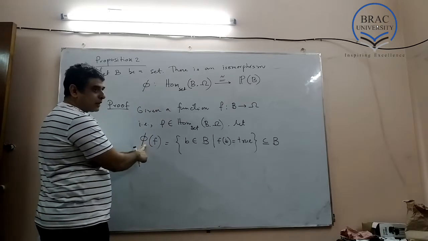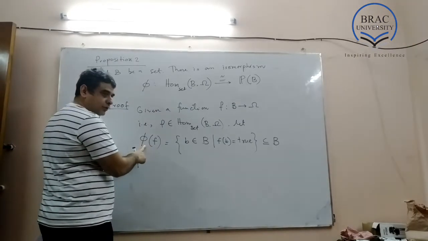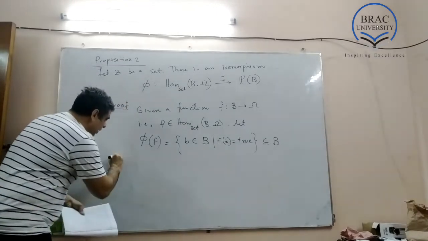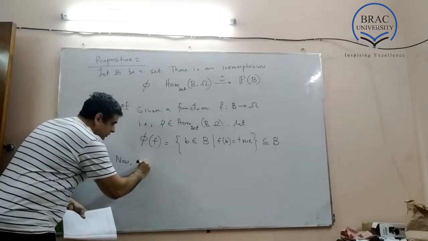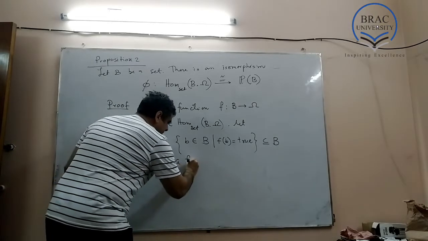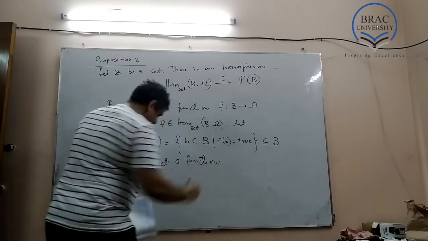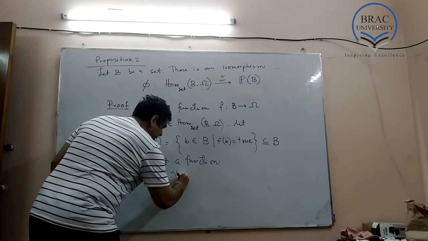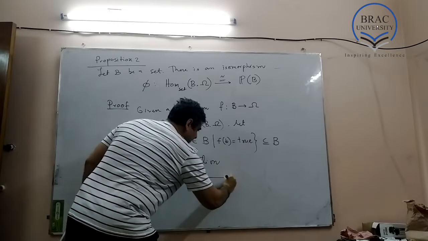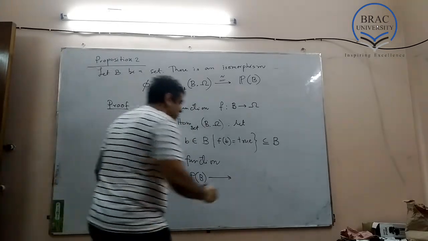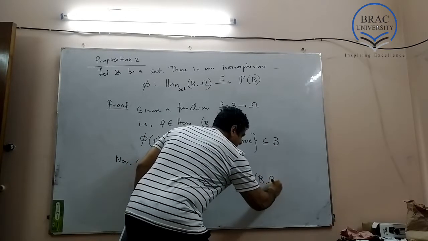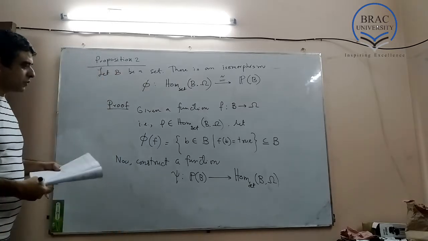Now we want to construct the inverse of this guy, so that we can prove that this is indeed an isomorphism. So how do we construct that function? Now construct a function psi from the power set of B to the Hom set from B to omega. Alright?